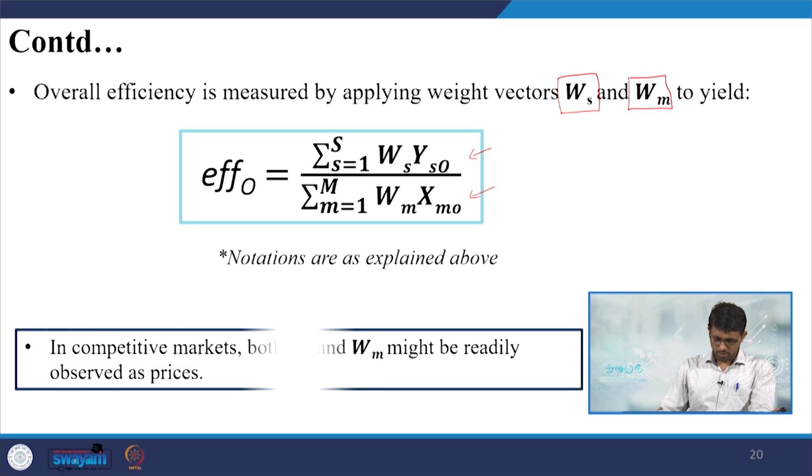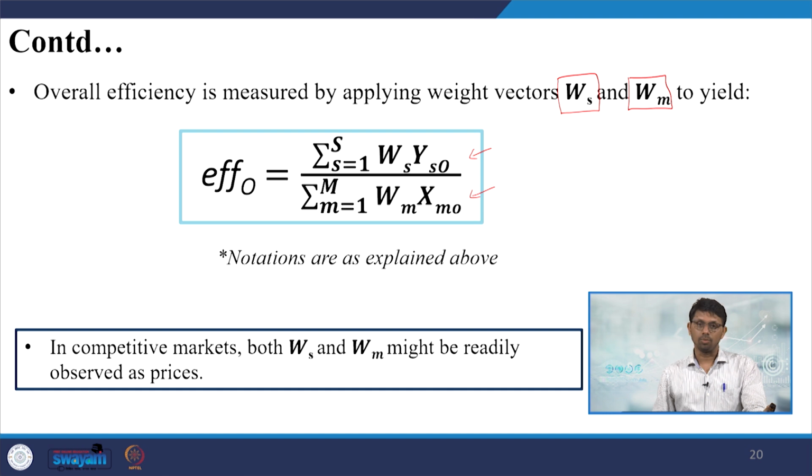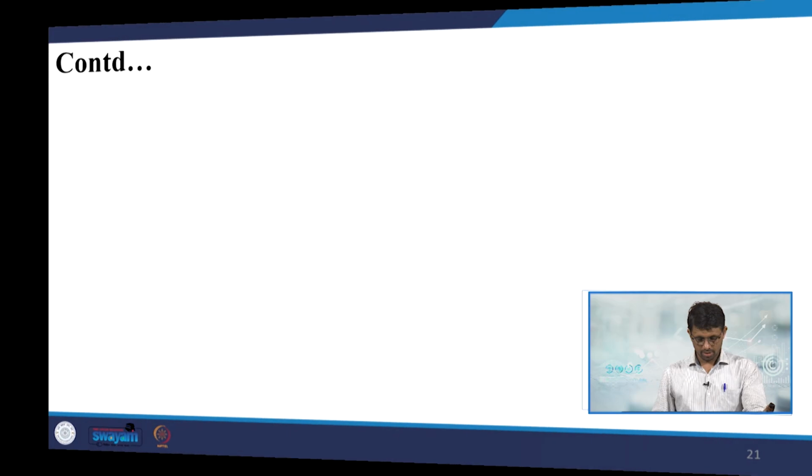So we have already discussed that in competitive markets both Ws and Wm might be readily observed as prices.